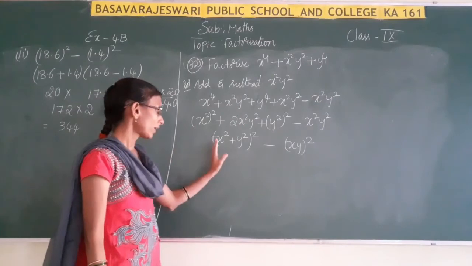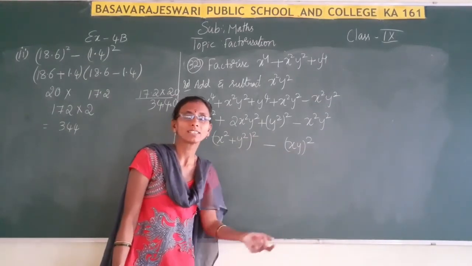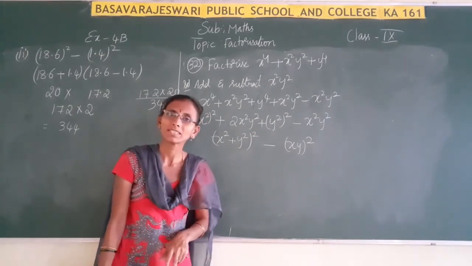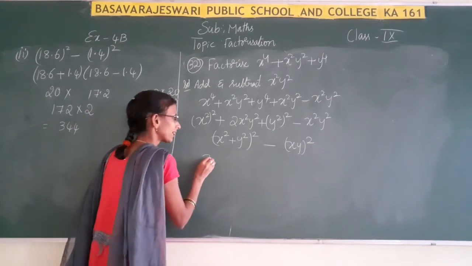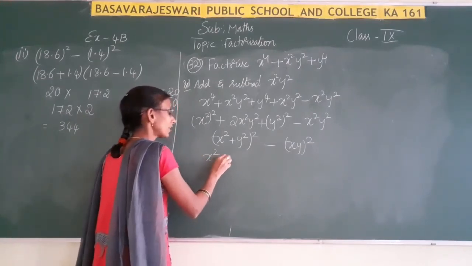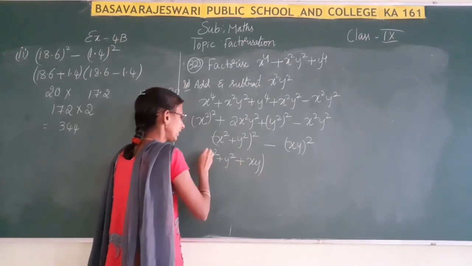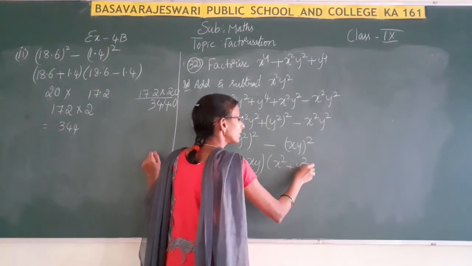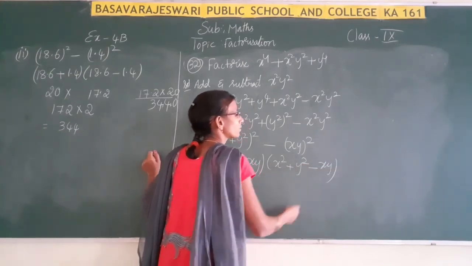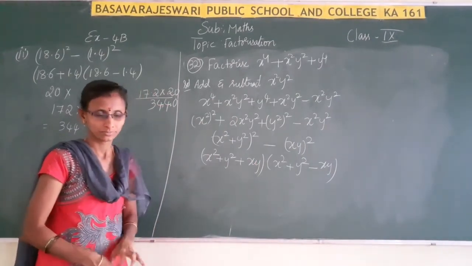So a square minus b square means a plus b into a minus b, right? So we get x square plus y square plus xy into x square plus y square minus xy. These are the factors of this expression. Okay.